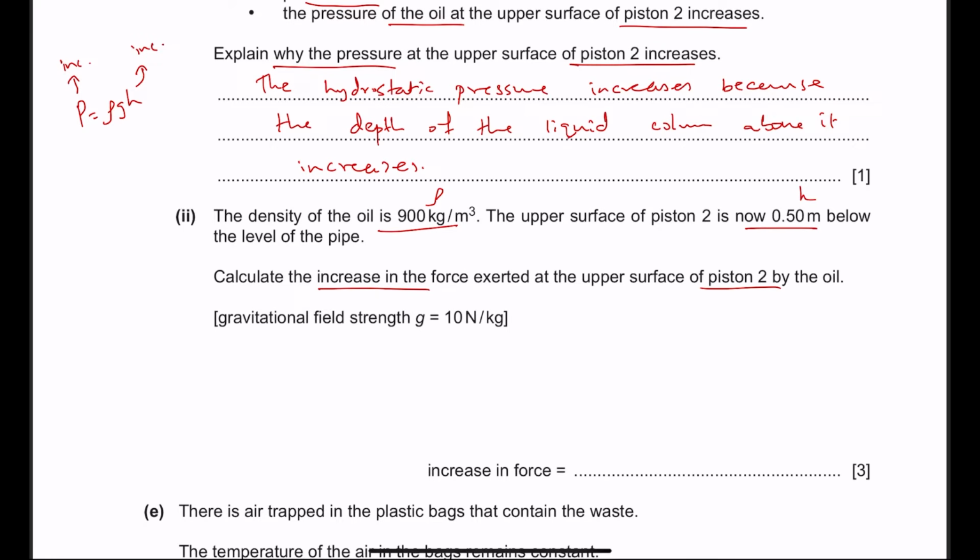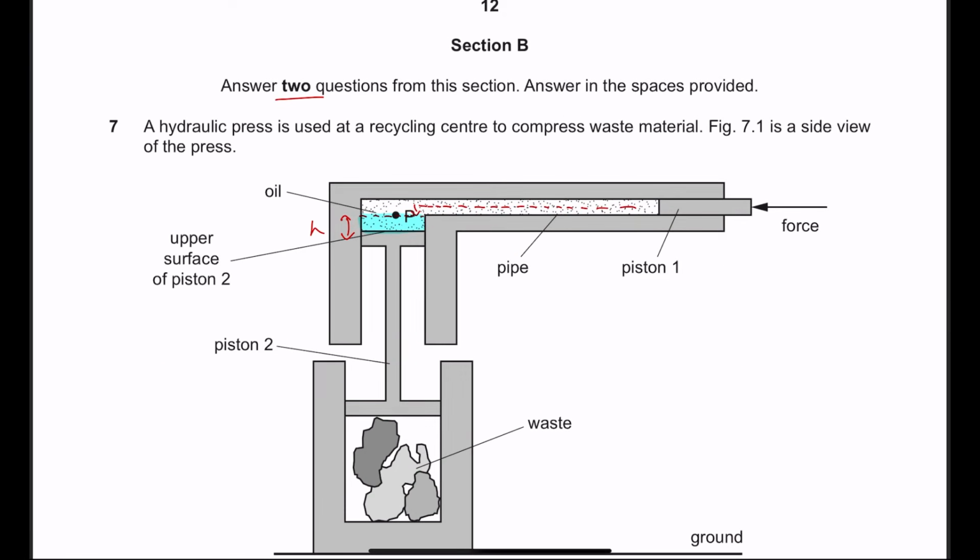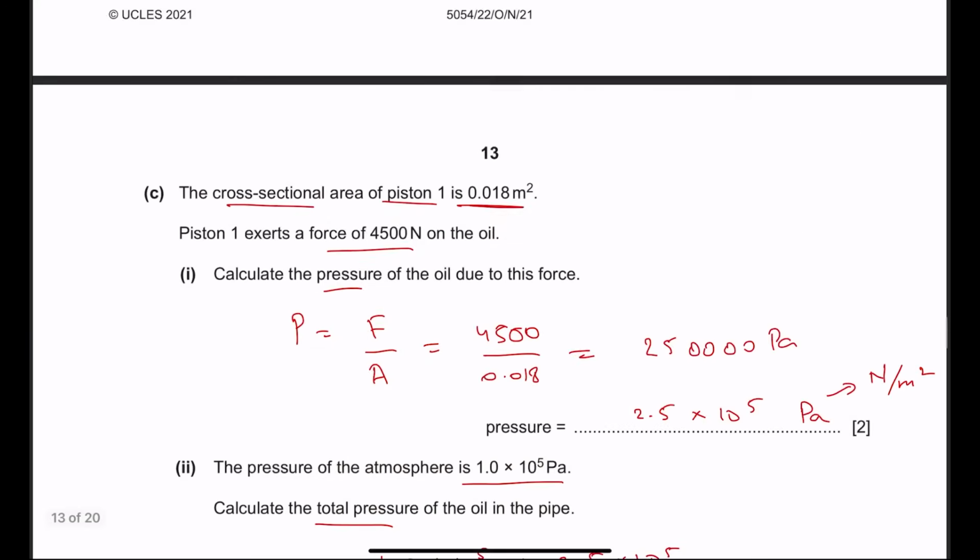But you can't find this out directly. You also have the g here. You first of all will have to find out the increase in pressure. That will be calculated by rho g h. Now the density of the oil is 900, g is obviously 10, but the change in height, which I've marked here on the diagram, is 0.5.